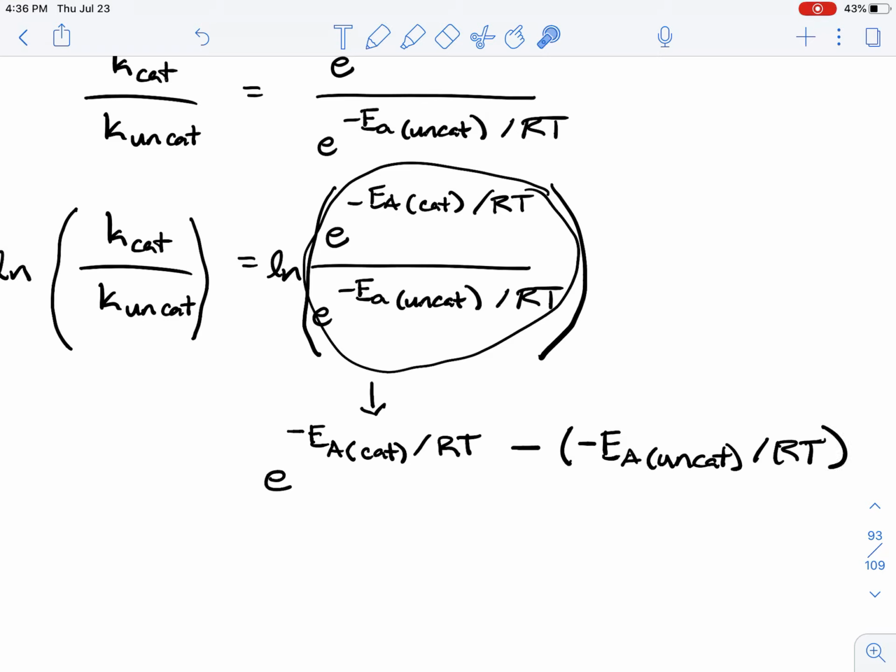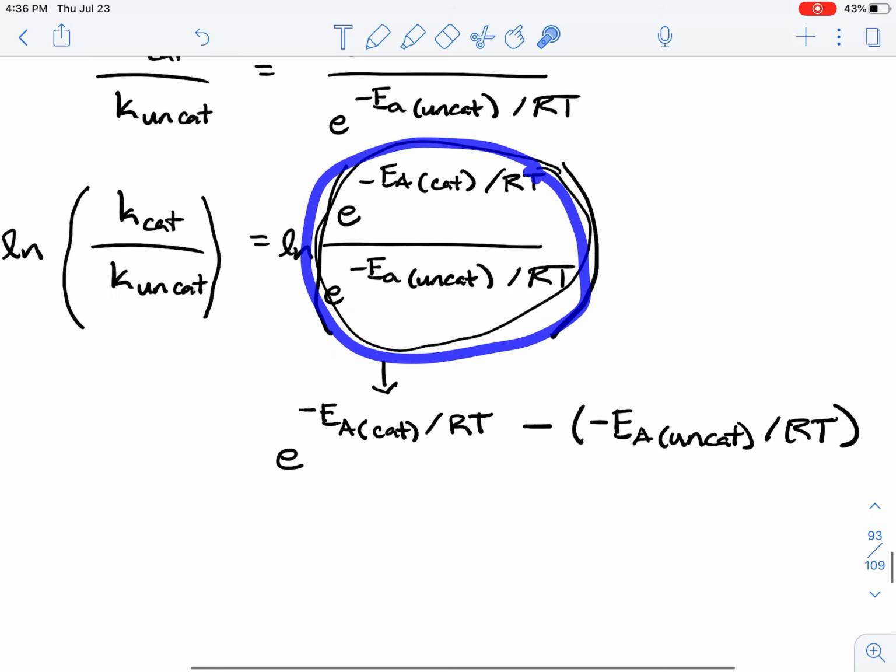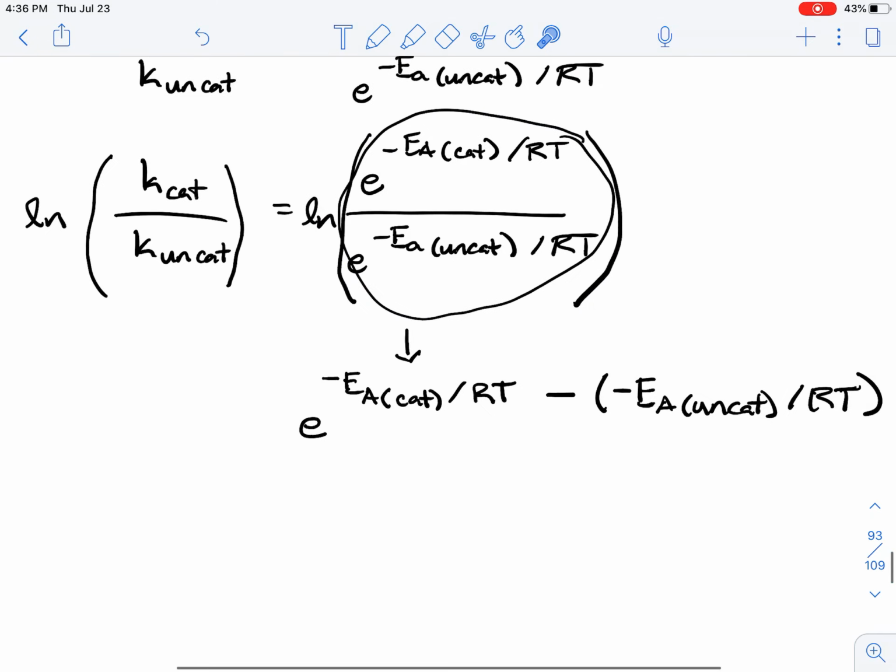If you recall properties of logs, natural logs, if two items are being divided, then you can subtract them. So I'm simply combining these terms using properties of the natural log.